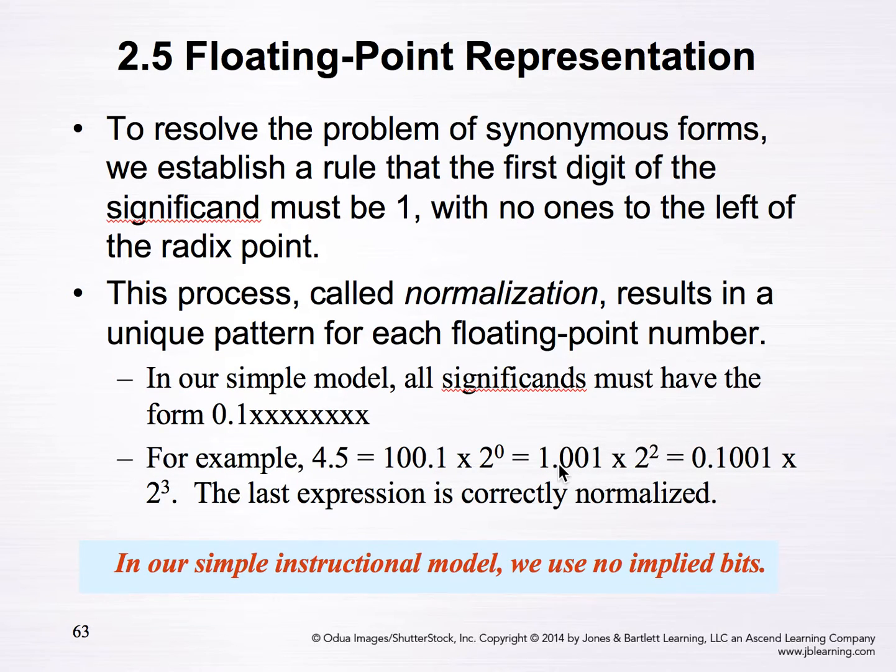We can also move one more spot and get 0.1001, and then we increase the exponent by 1, so we have the last value times 2 power 3. The last expression is the correctly normalized one, and we are going to use this representation for the floating point representation.